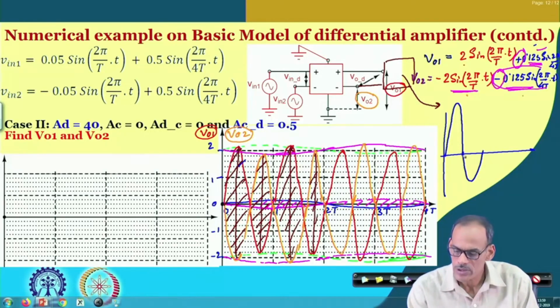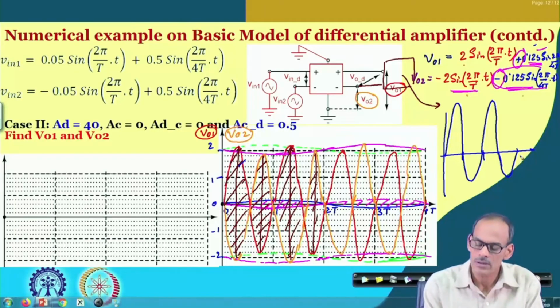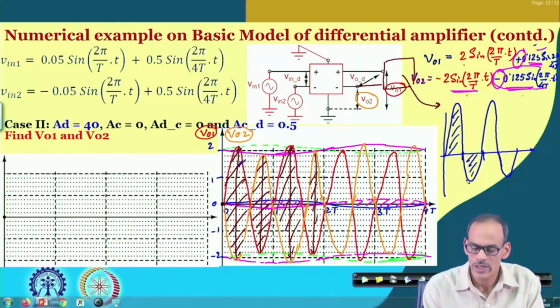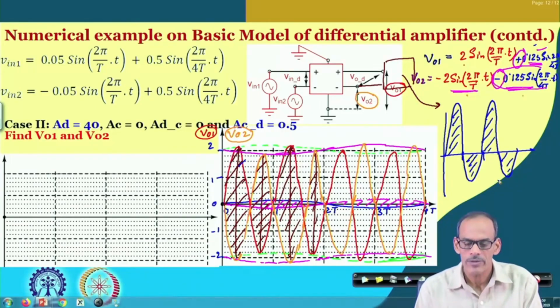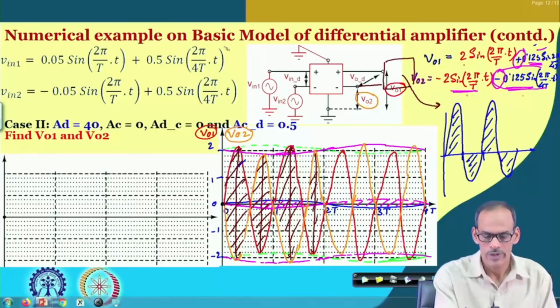But the time period, if you see here and here, is the same. Obviously this gives us a distorted signal, and naturally the signal we are getting here is not purely sinusoidal. It has distortion coming from this unwanted signal.